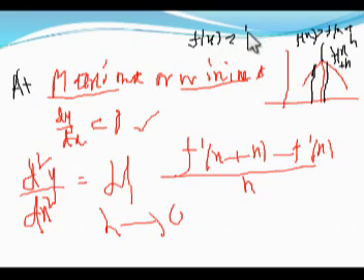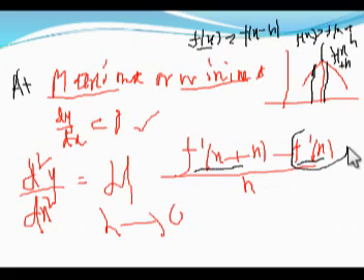So at the maximum point, both f of x minus h and f of x plus h are less than f of x. So in the limit, since this difference is smaller, it must be negative, because the first derivative is 0 at the maximum point.